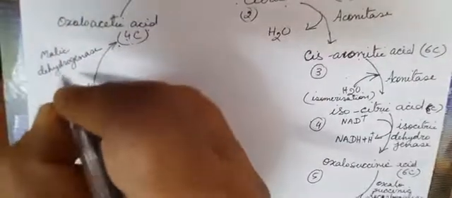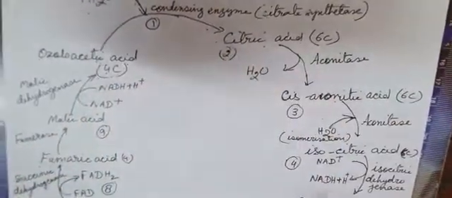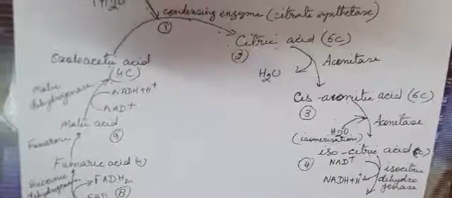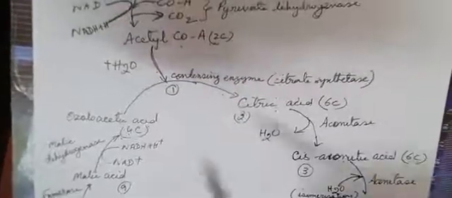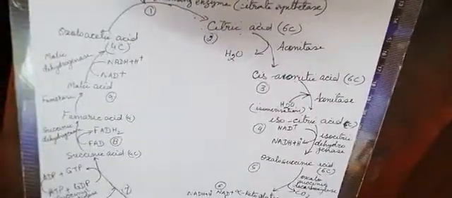Again, because it is dehydrogenase, there will be removal of hydrogen ions which will be accepted by NAD+. It will get reduced into NADH plus H plus. So again there will be the recovery of oxaloacetic acid. Because 2 molecules of pyruvic acid are there, that is why 2 times this cycle will go for 1 molecule of glucose.